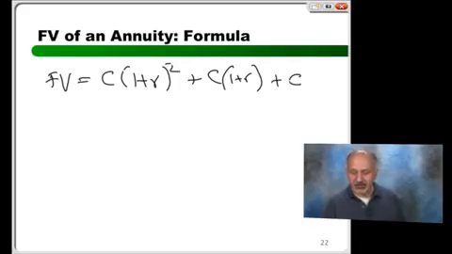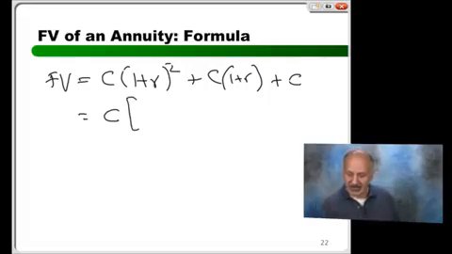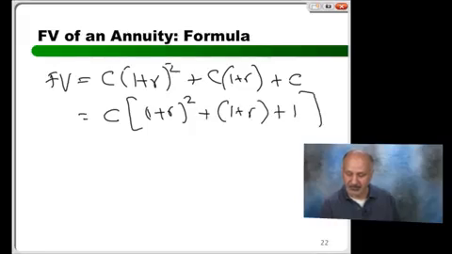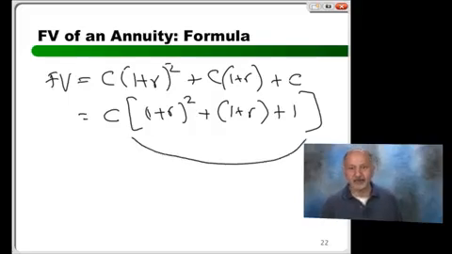The one cool thing about an annuity is that I can take C out in common, right? And I can do (1 + R) squared plus (1 + R) plus 1, right? So let me ask you, what would this be?